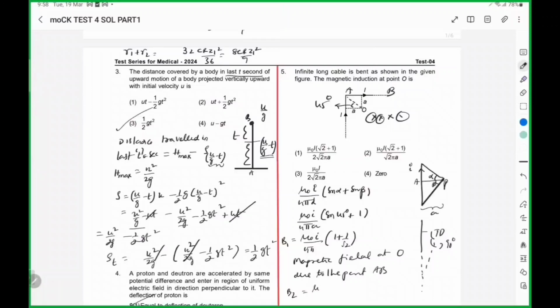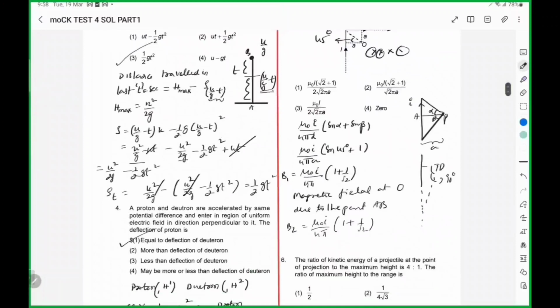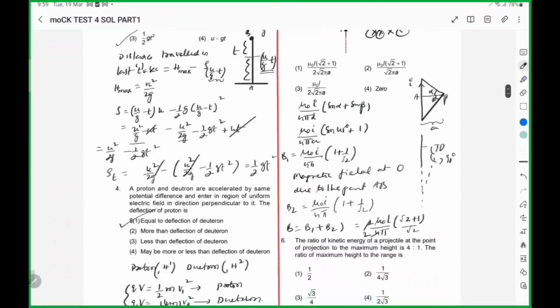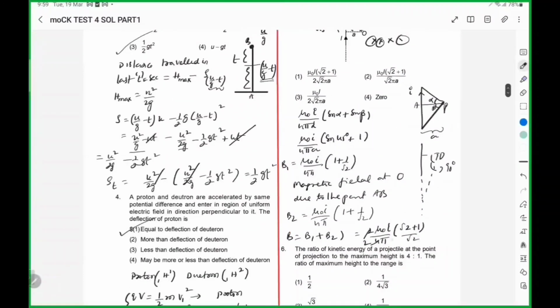So this will be mu naught I by 4 pi A, 1 plus 1 by root 2. So both the magnetic fields are in the same direction. We can add it: 2 times mu naught I by 4 pi A, root 2 plus 1 by root 2. Finally, it is mu naught I root 2 plus 1 by 2 root 2 pi A.